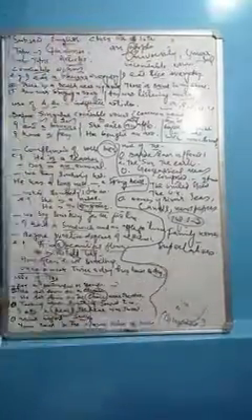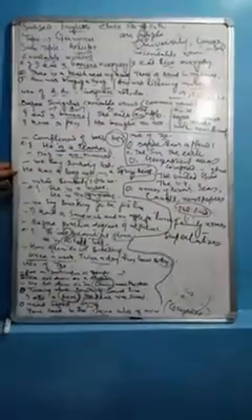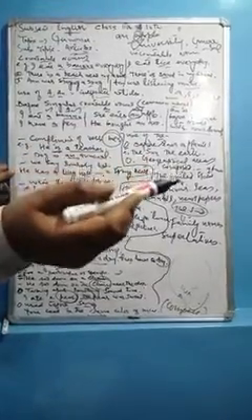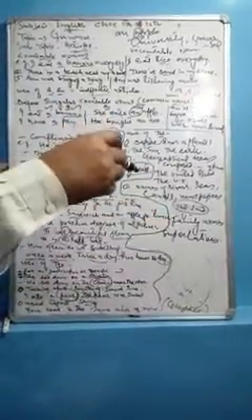And then again, the is used before stars or planets. For example, the sun, the earth, it is a planet, the sky.